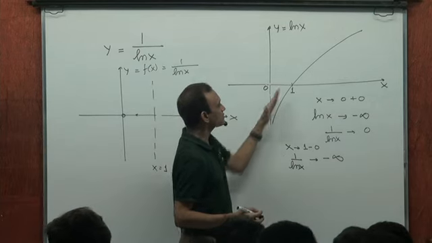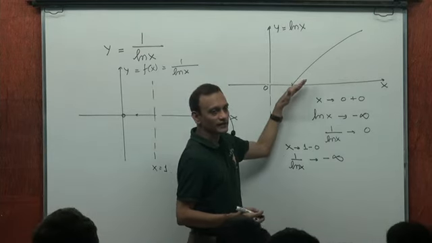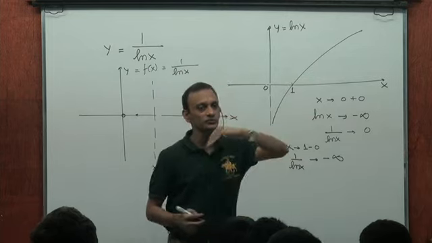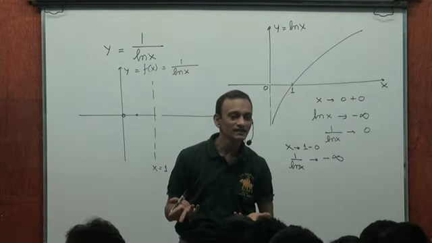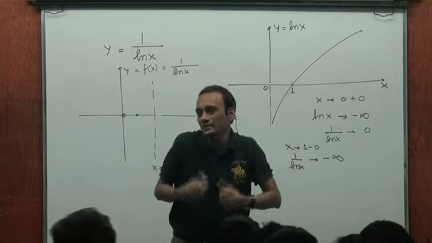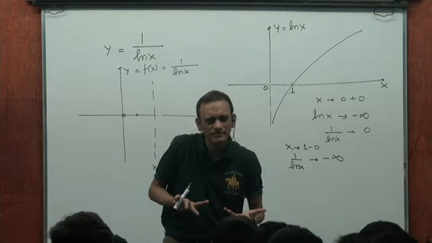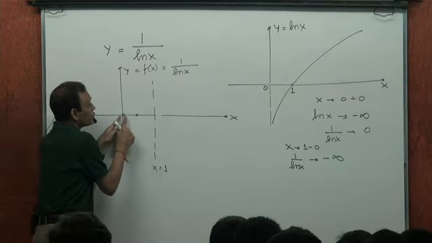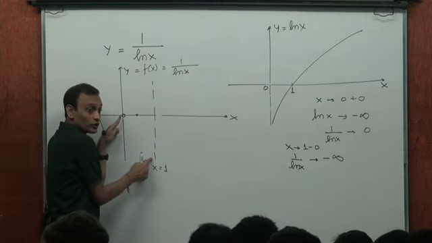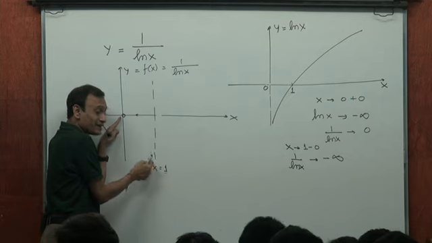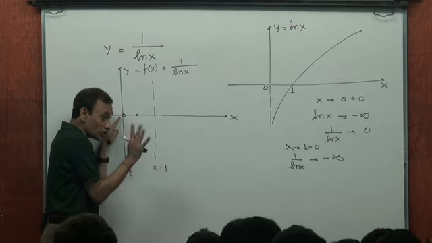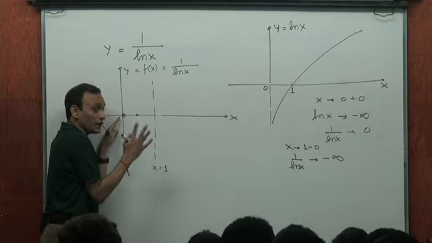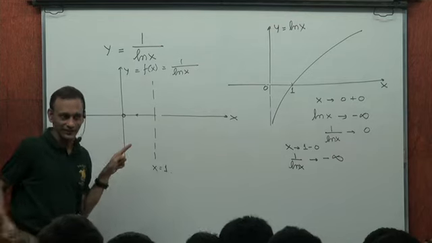If ln x in the interval 0 to 1 is monotonically increasing, then 1 by ln x would be monotonically decreasing, isn't it? As ln x increases, 1 by ln x decreases, right? You don't differentiate unnecessarily. So when I draw the graph from 0 to 1, there is no local maxima or minima that appears, because it's monotonic in this interval, right?